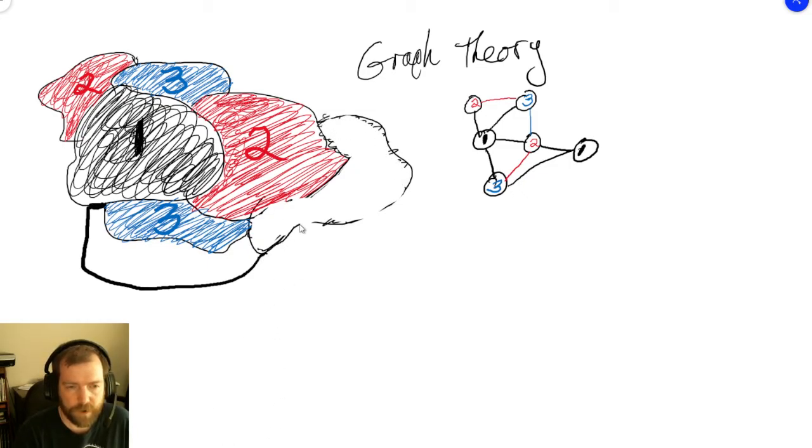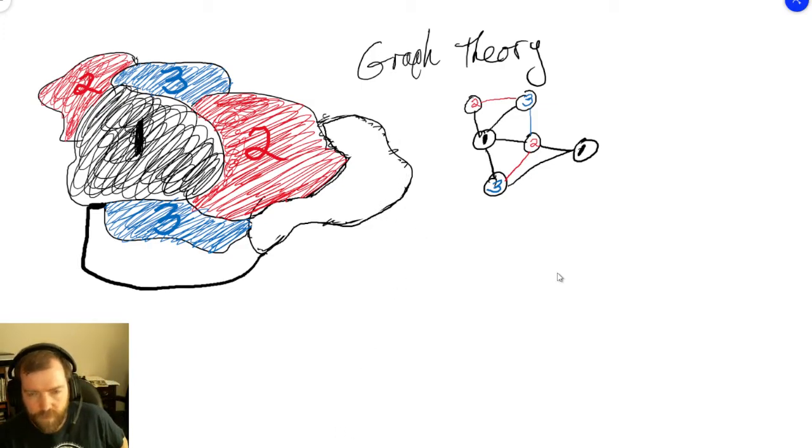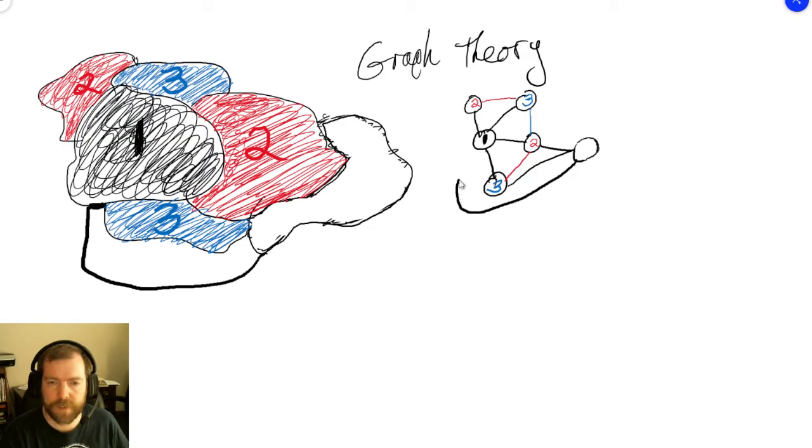So let's redraw the borders. We would need to redraw the graph. This can no longer be color 1 because now this country connects with this country here.